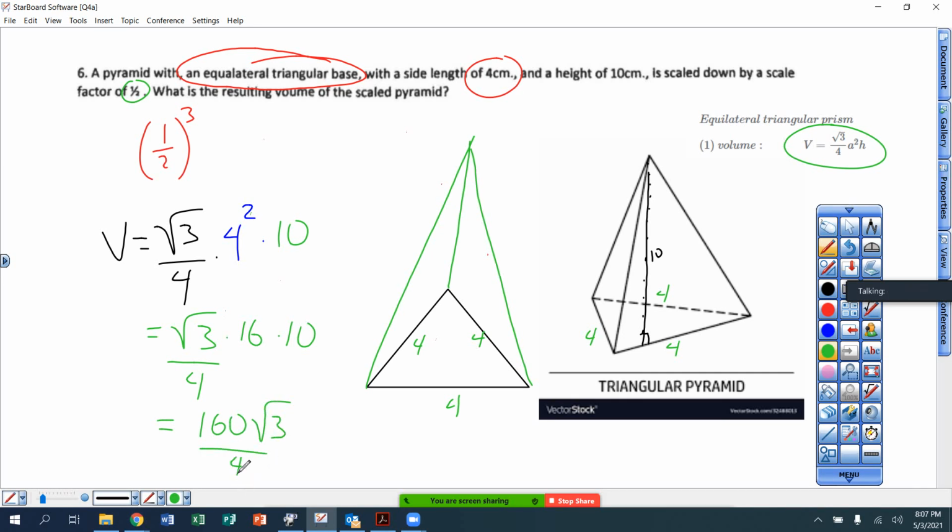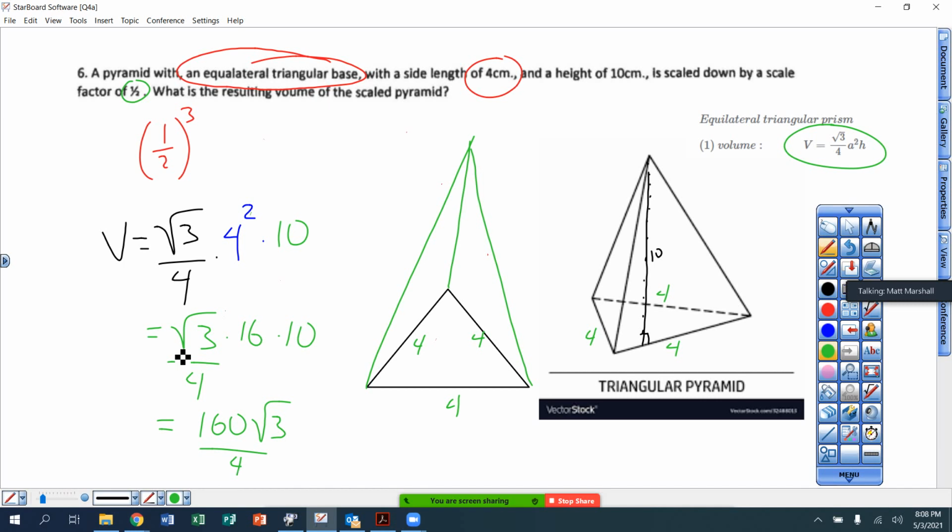So if I use my calculator for that, let's see. I'm not sure if you have a calculator that could do square roots, but square root of 3 is, calculator lets me do it, times 160 is 277.13 divided by 4.